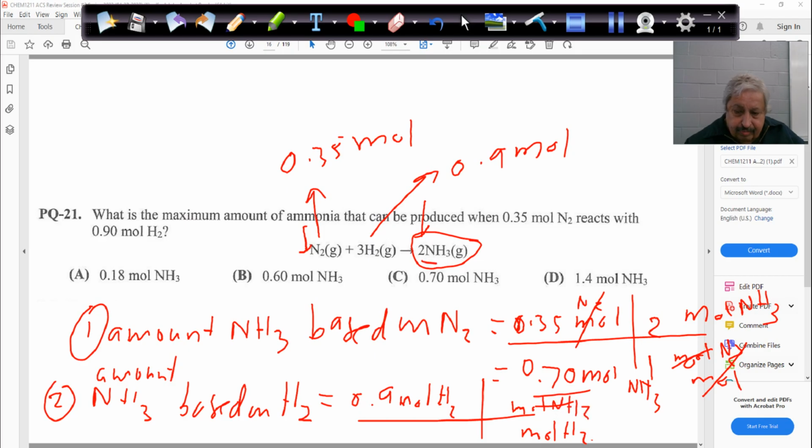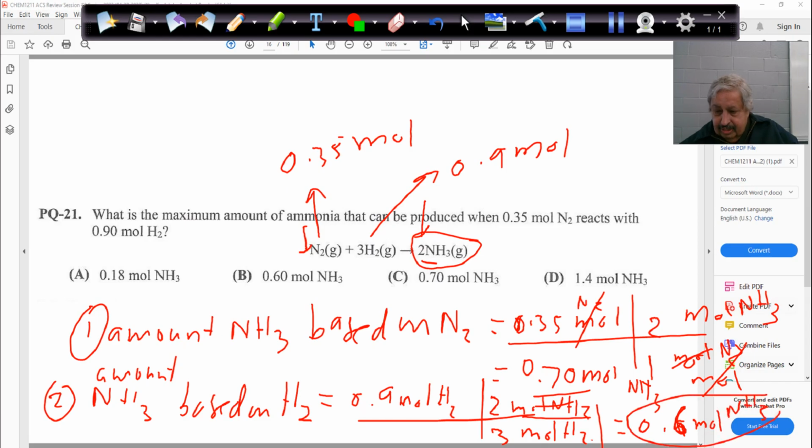Ammonia is 2 at the top, hydrogen is 3. So how much is it? 2 multiplied by 0.9 is 1.8, divided by 3 is 0.6.